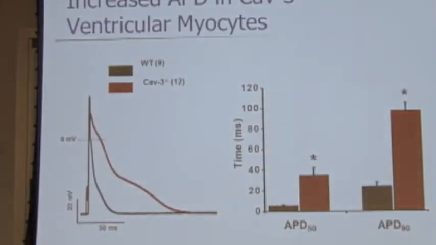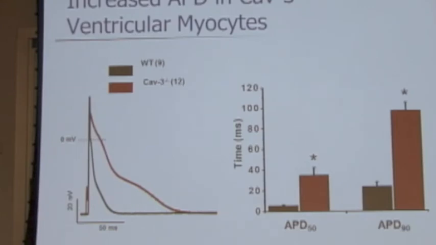If we then go on and look at action potentials, Yoga Markandeya in the lab has done these electrophysiology studies, and it's not too subtle of an effect on the action potential. This is a wild-type ventricular mouse action potential, and this is from the Cav3 knockout. You can see the APD50 and APD90 are markedly prolonged in these isolated myocytes.